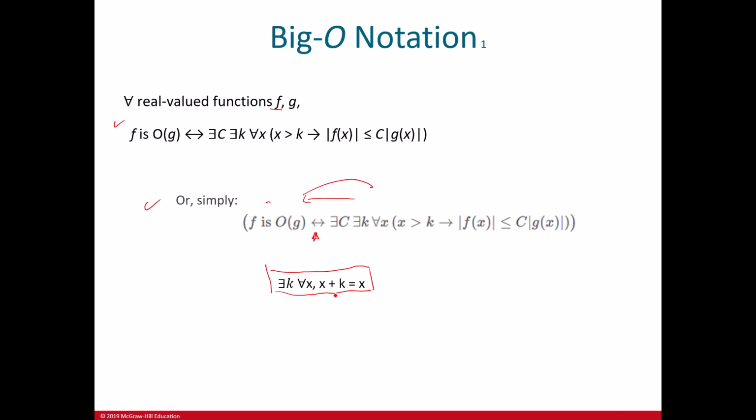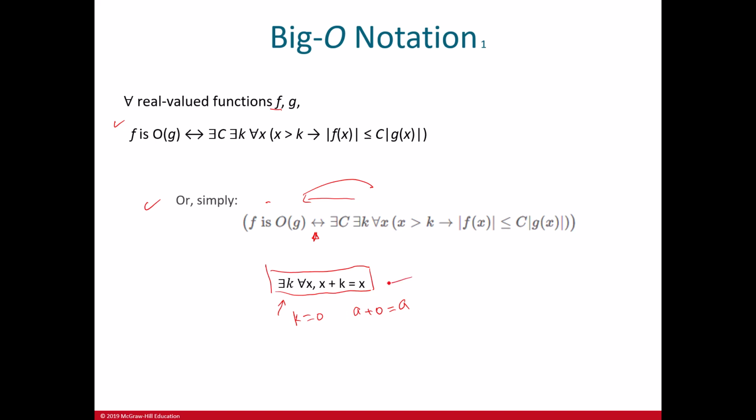To prove this, this is an existential proof. You need to find at least some value so that it really holds. And to answer that, we can choose k to be equal to 0. All right. When we choose k equal to 0, we then instantiate the universal quantifier. Give it any value, say a, then a plus 0 is equal to a. In other words, I could have chosen anything, it is always the case.